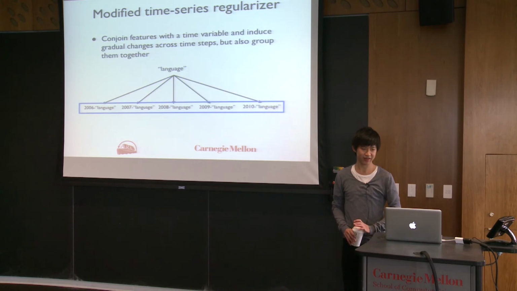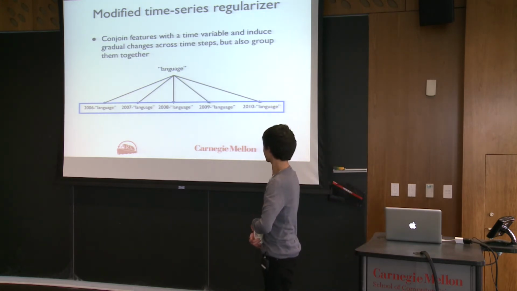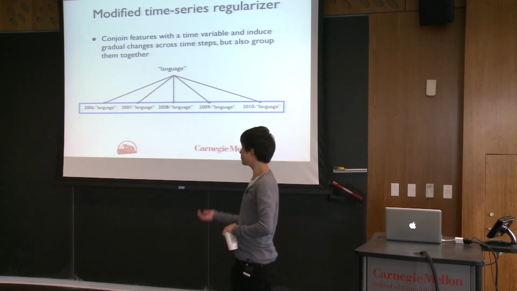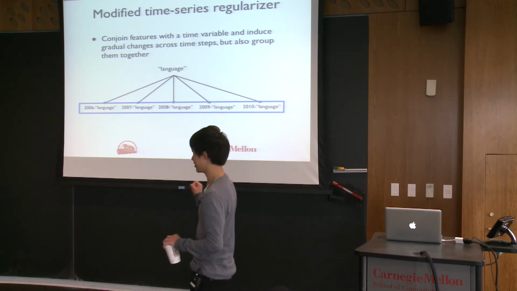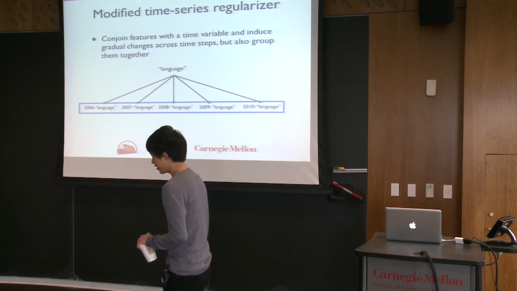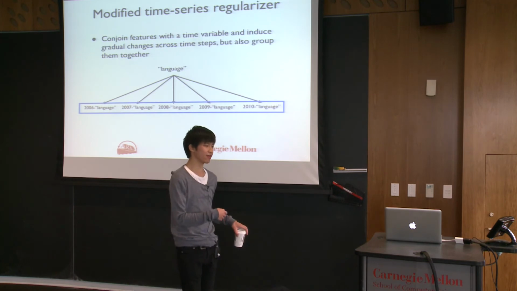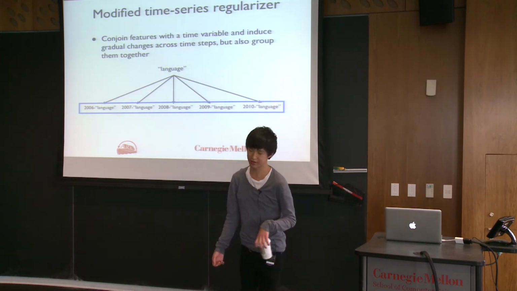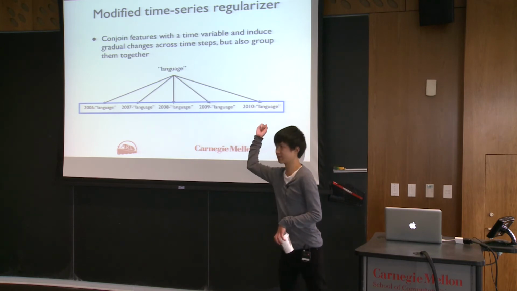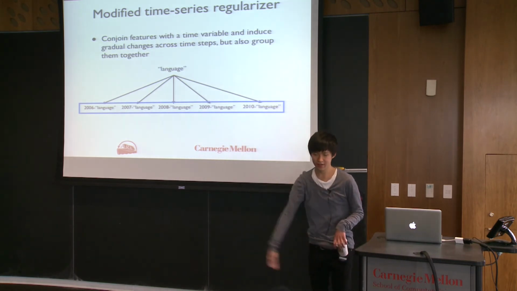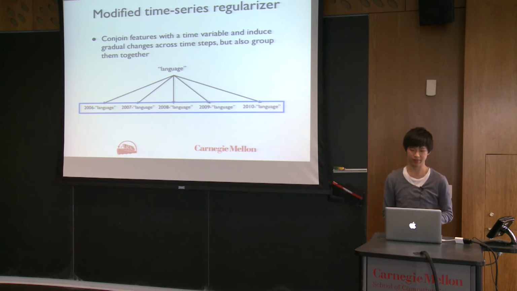Okay, let's modify our regularizer. What we first do is group the features together. For a feature, over time, we define them as one group. Our groups are also non-overlapping because they come from different parent features. For every parent feature, you have features at each time step, so they are non-overlapping.